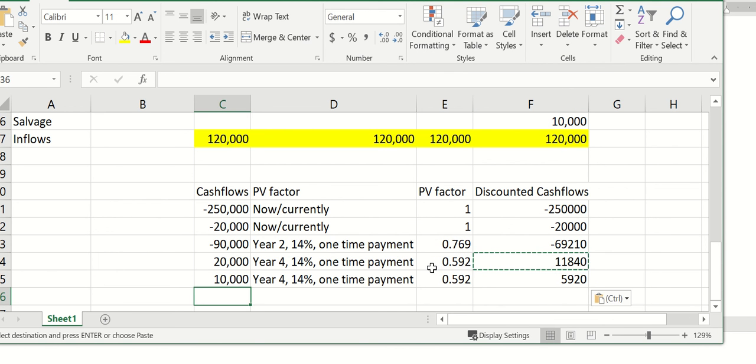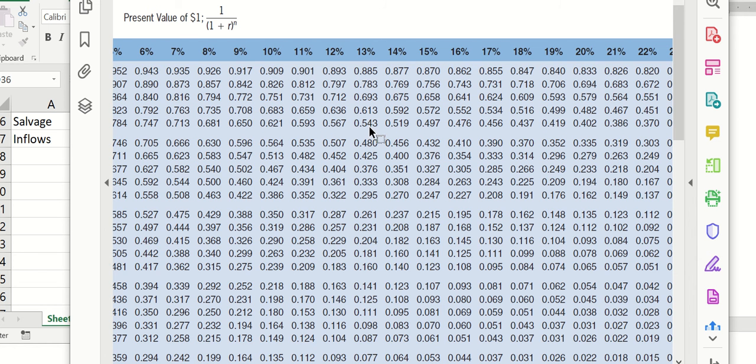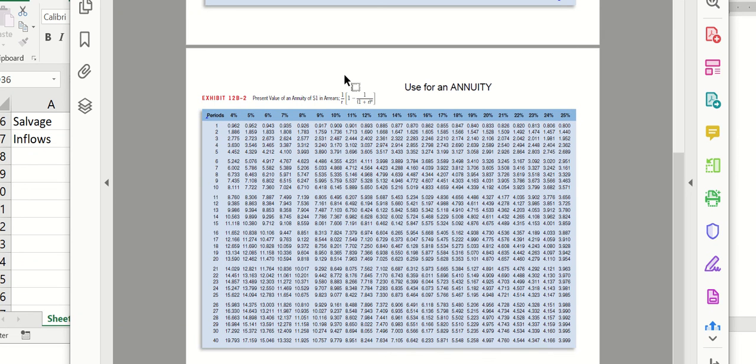And then our annuity is 120,000. So this is 4 years, 14%, a 14% annuity. So now I'm going to go down to the lower half of my PDF file, and this is 14%. Oh, it's small.